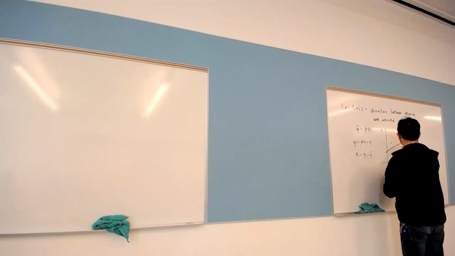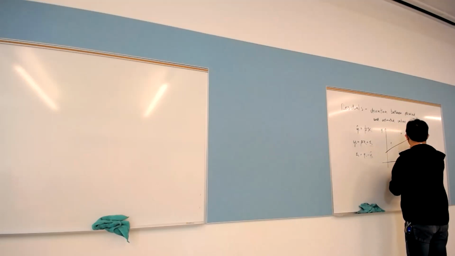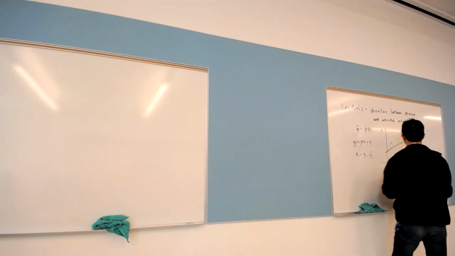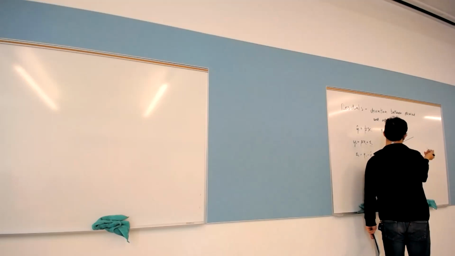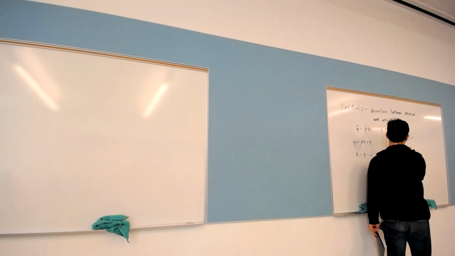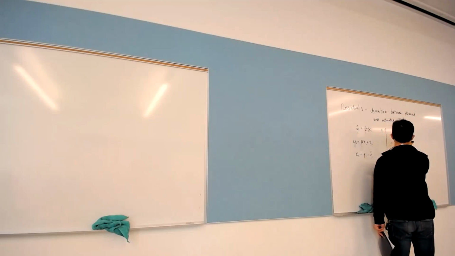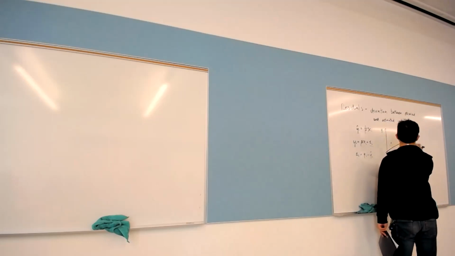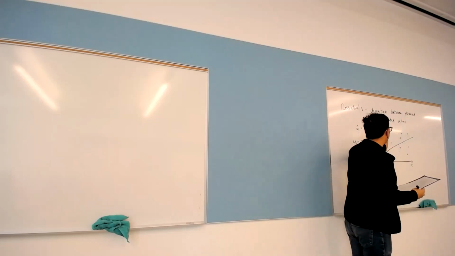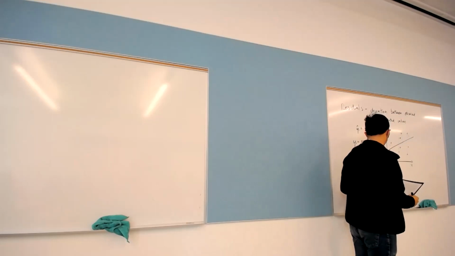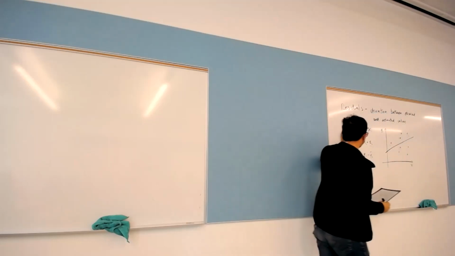Okay, and so these might be some distance from my line. Okay, and so let's say this is a distance of 1, 1.5, 1.5, 2, 1, something like that. I'm just roughly eyeballing here.